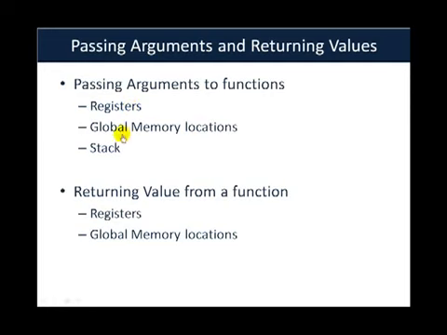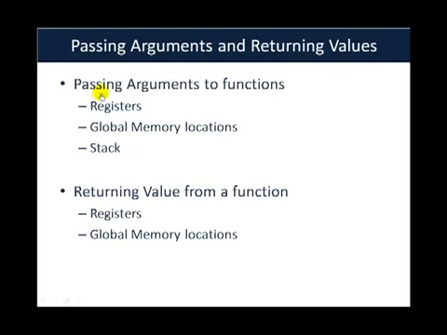You could use global memory locations, where you define a piece of memory in the .bss segment or in the data segment, which you could later pass as an argument. And finally, you can pass arguments over the stack. As far as returning values is concerned, once again you can return the values in registers or in global memory locations.